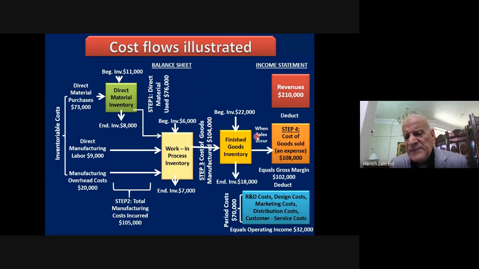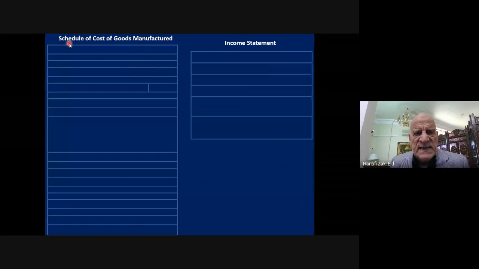And after we do this, we want to tabulate the income statement to determine the operating income. So this is the schedule of cost of goods manufactured, which continues to cost of goods sold.